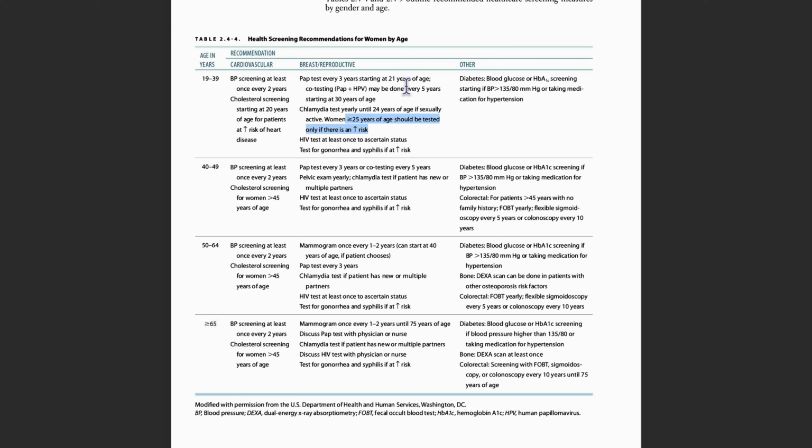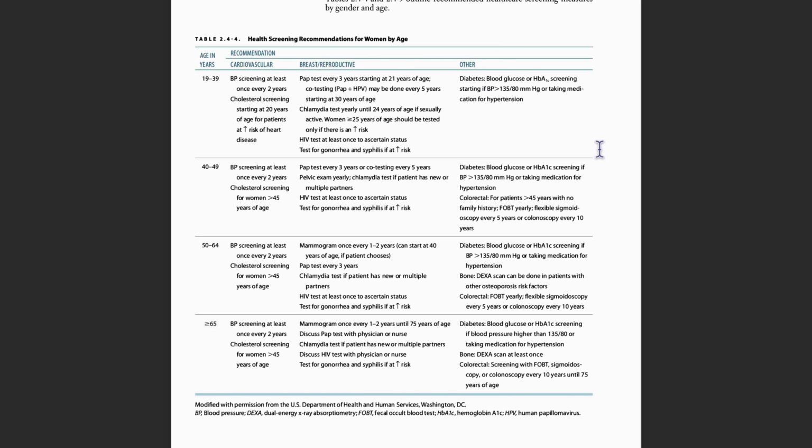Pap test every 3 years starting at 21, may be done every 5 years starting after 30 years. HIV test at least once to ascertain status. Test for gonorrhea and syphilis if at increased risk.